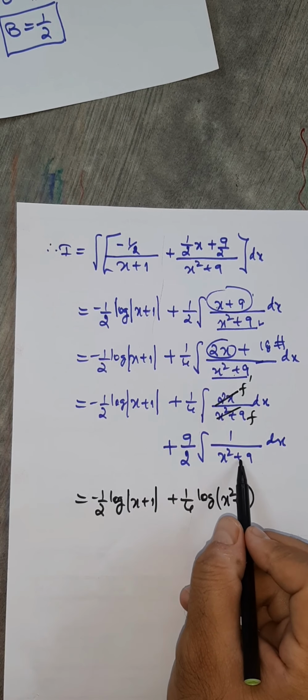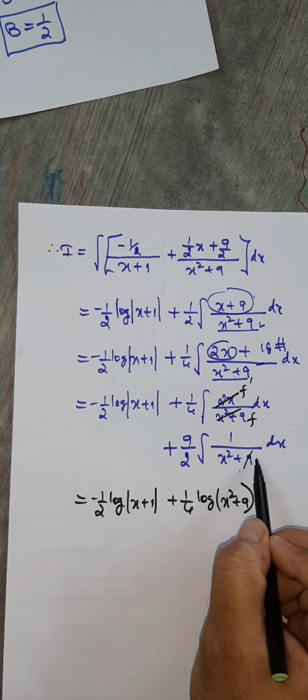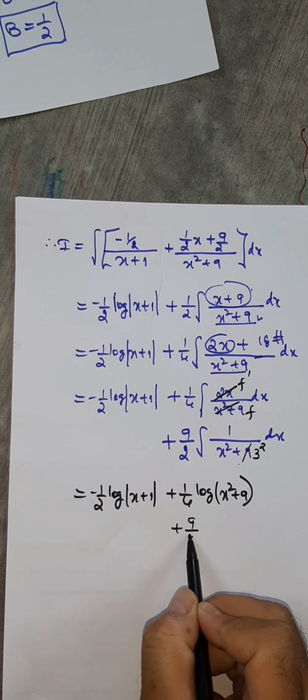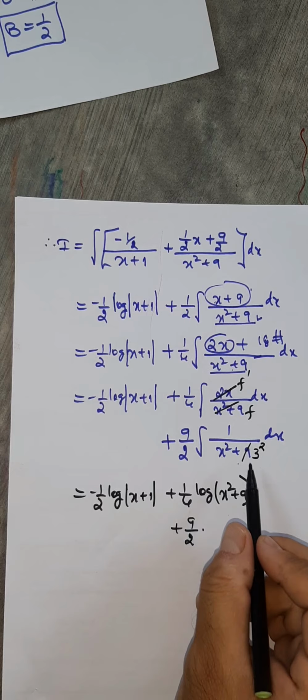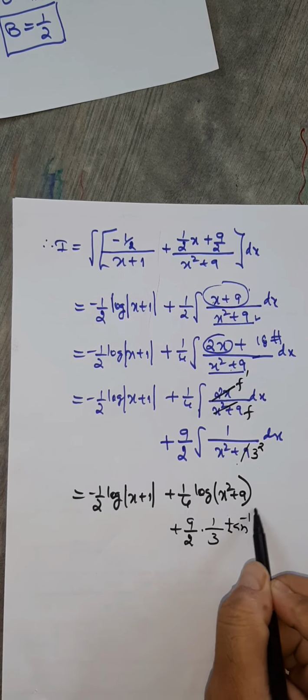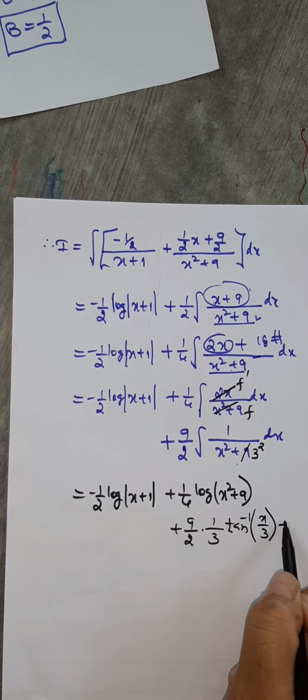Now this is which standard form? You know x square plus a square. So here 9 by 2 is already there. This you know 1 upon a, so 1 by 3 tan inverse of x by a, that is x by 3 plus c.